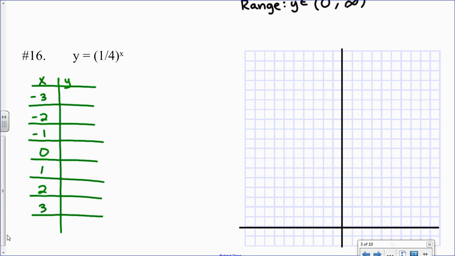Okay, so when you're plugging this in, and it's a fraction with a negative exponent, so it's already a fraction, the negative exponent then does the reciprocal, making this just 4/1, which is just 4. So if it's a fraction to a negative exponent, you have the reciprocal, so it goes back to the whole number. So that is 64.